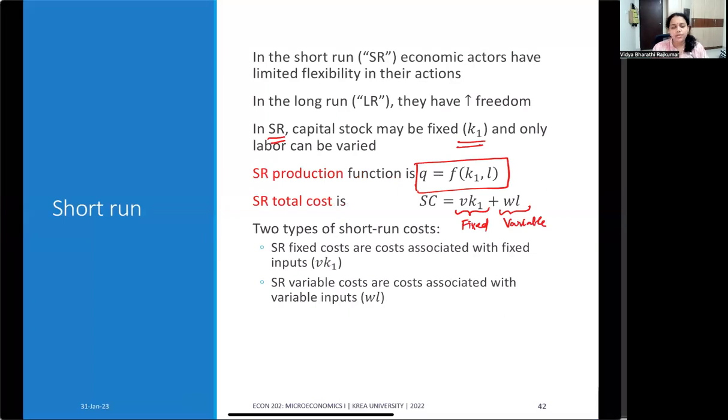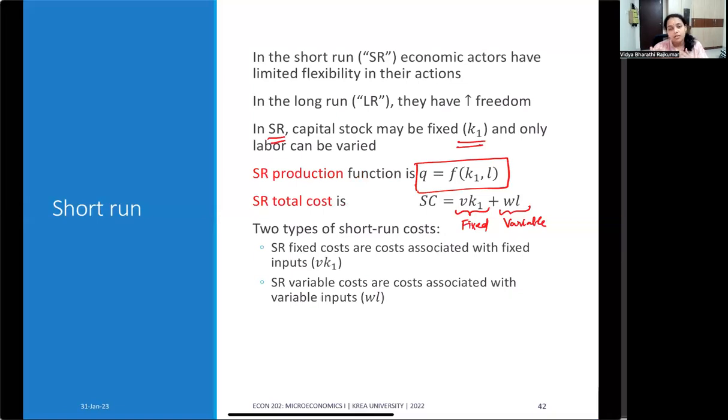Fixed costs are those that you will have to pay regardless of whether you use the input or not. So in the short run, when capital is fixed, any cost associated with use of that capital is treated as a fixed cost. So if you're thinking of an entire plant or a factory, whether you use that factory or not, you'll probably have to pay rent on that factory. So that will be your short-term fixed cost.